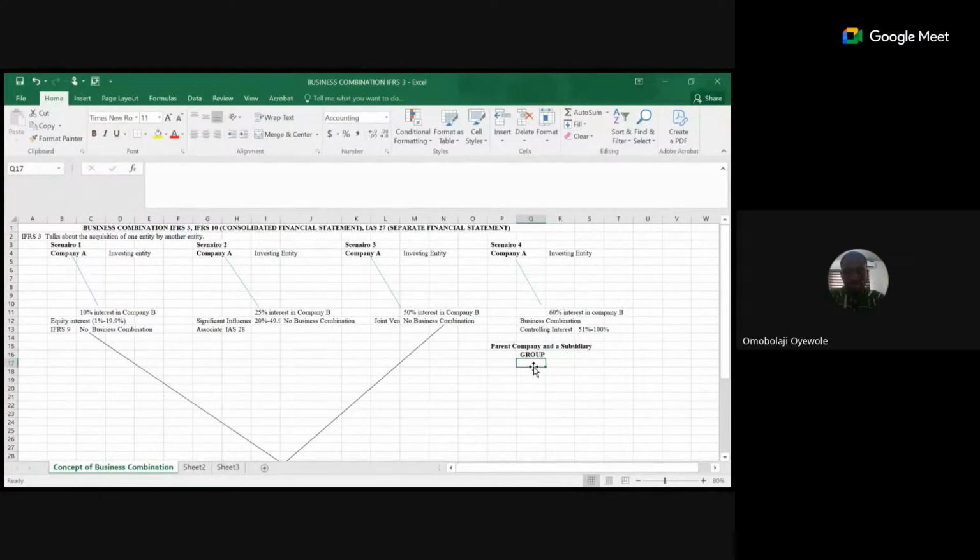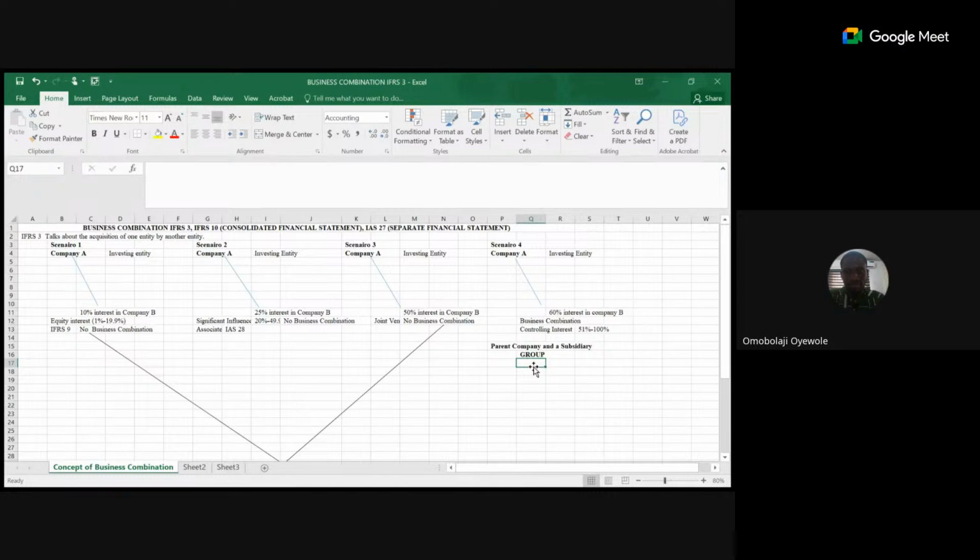So when we talk about a group, before you can say a company is a group, first of all, check, is there a controlling interest? How do you ascertain that there is a controlling interest? When the interest that the investing entity has in the invested entity is over 50%, then we can say there is a controlling interest. Then we can call that company a what? Group. Then we can say a business combination does what? Exist. Do we understand?